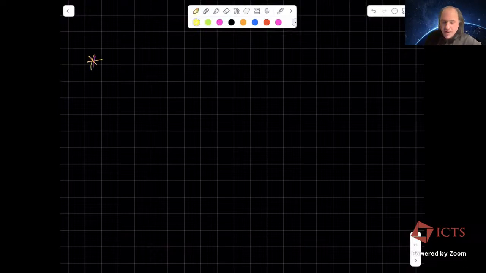So, of course, in order to really connect it to physics, we need an embedding of the associahedron in kinematic space.